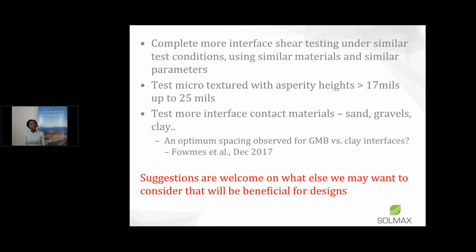Another thing we're going to do is test the microtextured geomembranes that have asperity heights greater than 17 mils. We know that there seems to be a range for asperity heights up to 25 mils. So we're going to test 17 to 25 and see, can we even push this interface shear strength higher than what we're currently achieving with 17 mils.